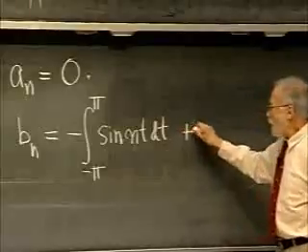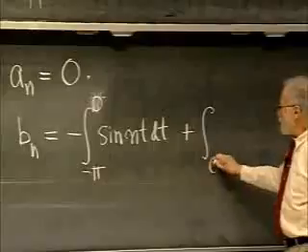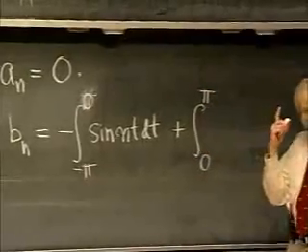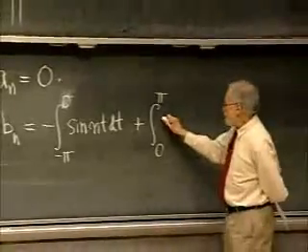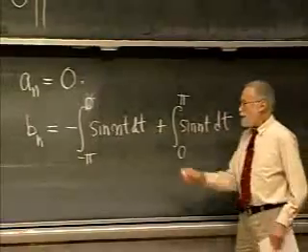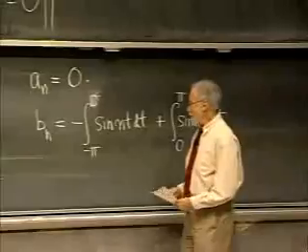The other part I integrate from 0 to pi of what? Well, f of t is now plus 1, and so I simply integrate sine nt dt. Now, each of these is a perfectly simple integral. The only question is how you combine them.